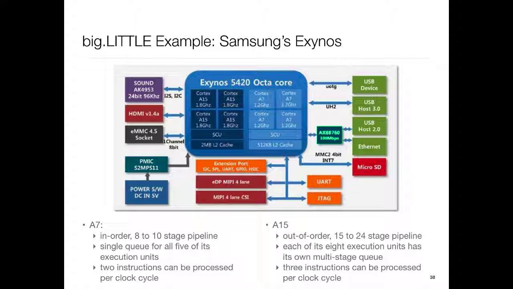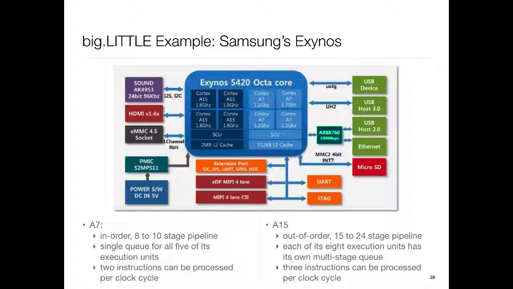A15 is out of order, so it does what is called speculative execution. Even though a current instruction isn't finished, it can go ahead, and when you hit a branch, it can start executing the branch in anticipation that it is right. So all those features that modern processors have, and this pipeline is a lot deeper. A7 has a single queue for its 5 execution units.